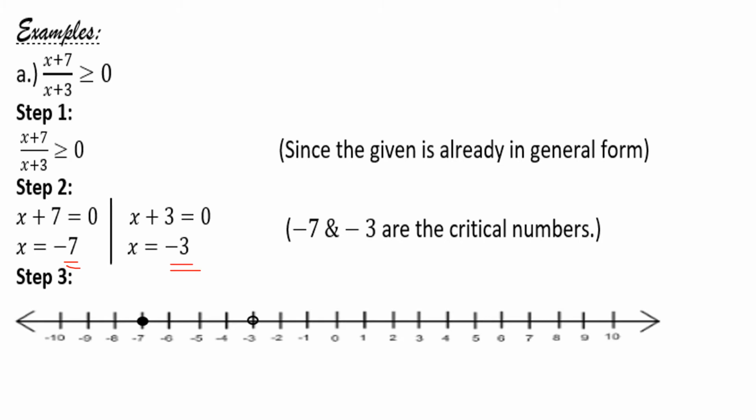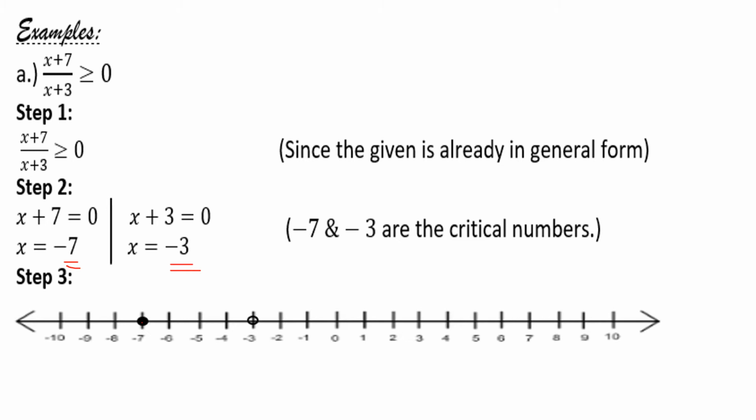Okay, so to plot this on our number line, we need to plot first negative 7. So we look for negative 7 on our number line. So here, negative 7. And then we locate also negative 3 on our number line. Take note that I used here a solid point and I used here a hollow point. So what is the difference between solid and hollow?